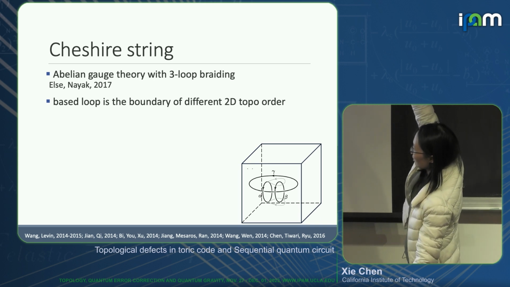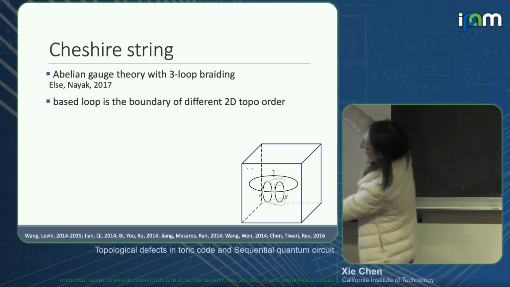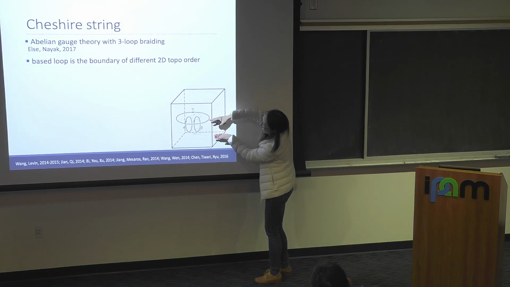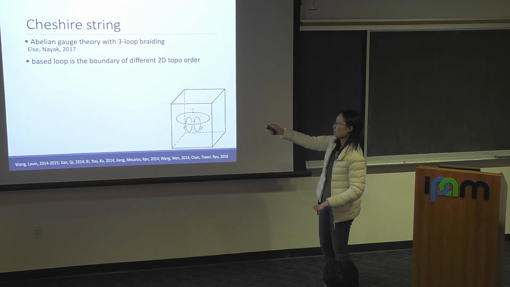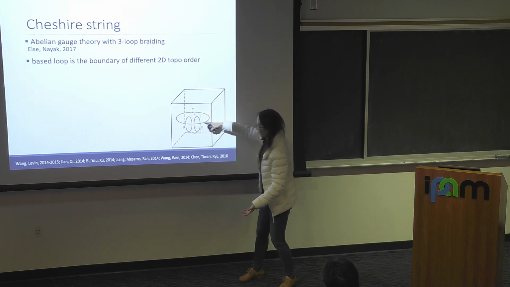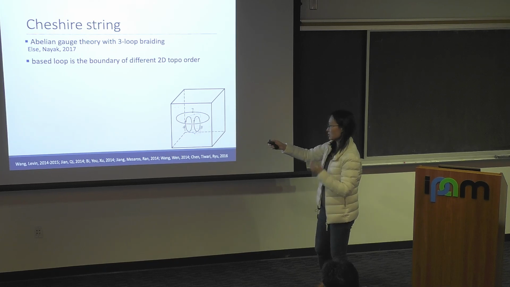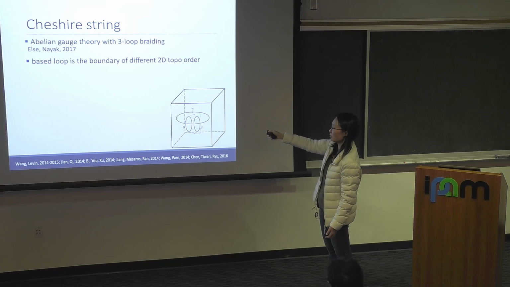And then we can imagine compressing the three-dimensional system down to two dimensions, just shrink the size of the system in the z direction, shrink it to a two-dimensional one. And when we shrink it in that way, we get a two-dimensional system with the base loop inside the plane. And effectively, what happens is that the base loop becomes the boundary of some different two-dimensional topological order.